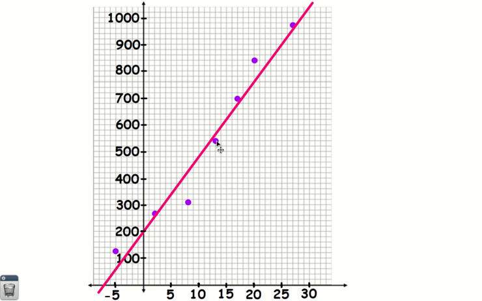I mean, look, I put it right there. It's not like I knew exactly where 539 was. Just do the best you can. But again, for like the third time I'm saying this, I'm not concerned right now about building these skills. You should already know how to plot points. And I already have this line of best fit drawn here for you.